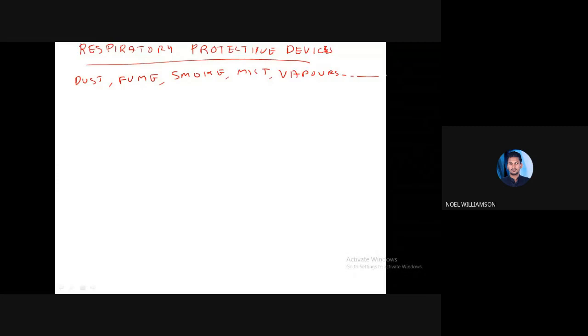Why we use these devices: because in many processes there are various processes where these types of emissions are there, or close the process or ventilate the process.